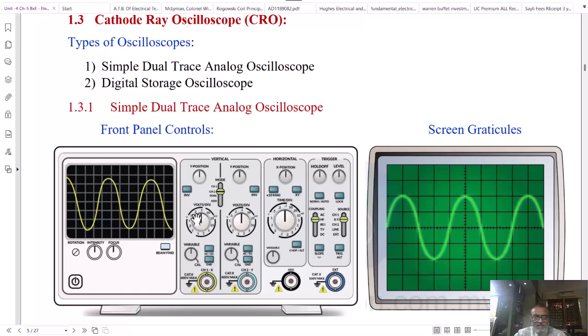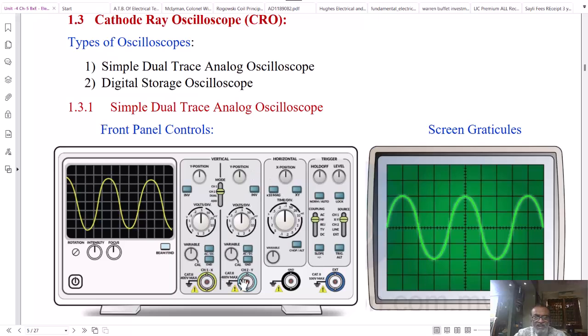This knob lets us scale the waveform on the y-axis, meaning the amplitude displayed will be zoomed in or zoomed out by using the volts per division knob. Now there is a rotary potentiometer called Y position. This Y position potentiometer can move the trace up or down, meaning the Y position of the trace can be changed vertically.